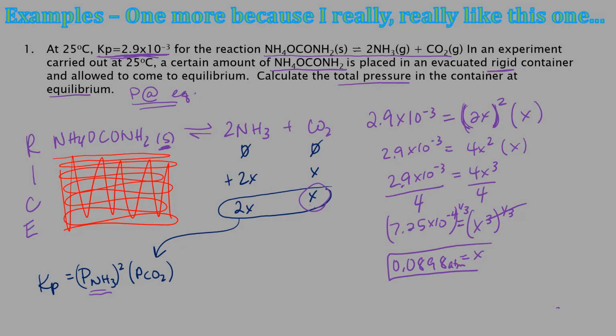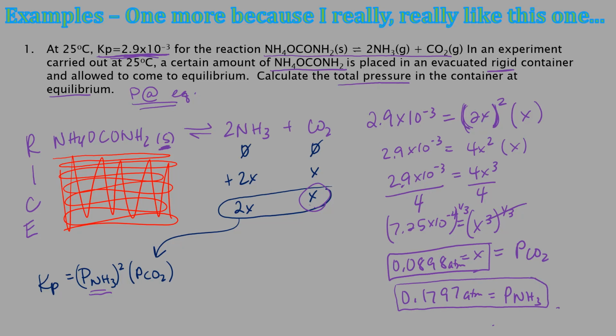That's x. So that is the pressure of CO2 at equilibrium. And then the pressure of NH3 at equilibrium is going to be twice as much. So that's 0.1797.